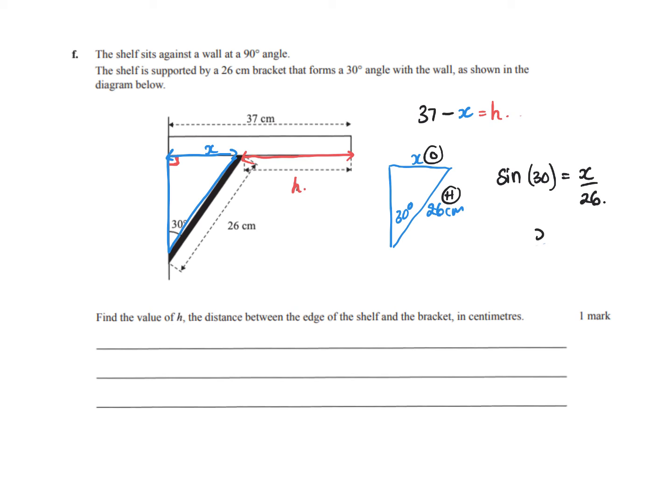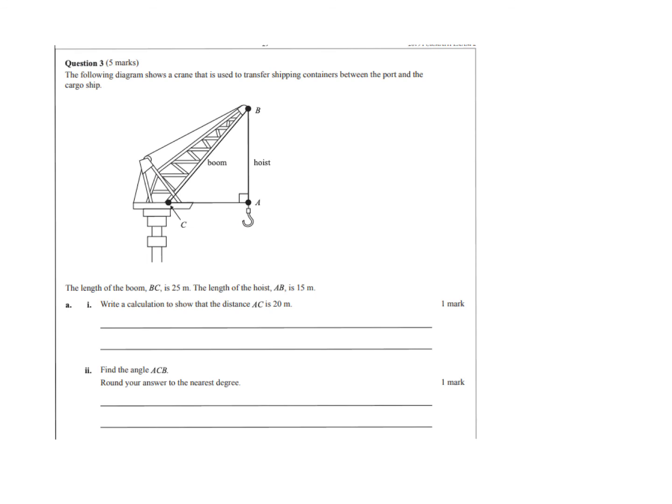And so then you can use solve or whatever and you'll find out what X is. Okay, so we get X equals 13. So we might say therefore 37 minus 13 equals H. So 24 centimeters equals H. So there's a question that you might get.